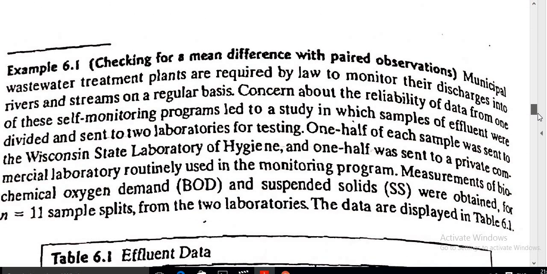I have taken an example from the book of Richard Johnson, example number 6.1, to explain the procedure of Hotelling T-square for paired comparisons.